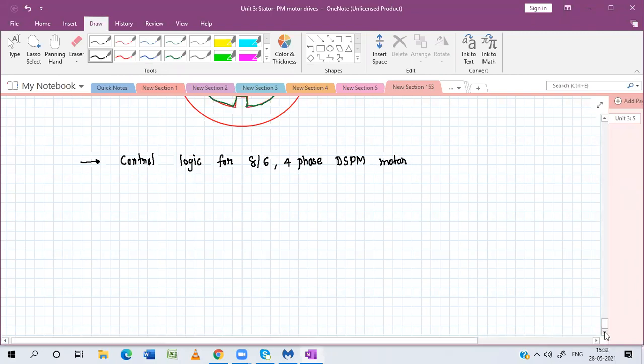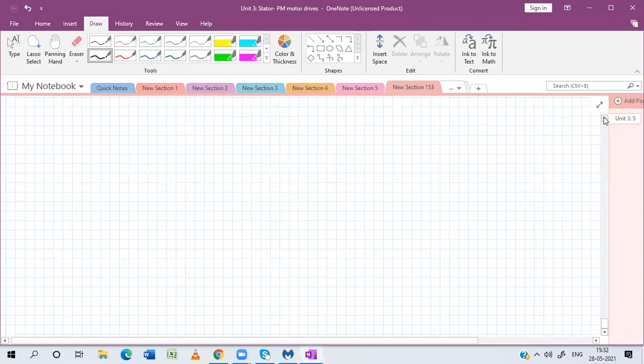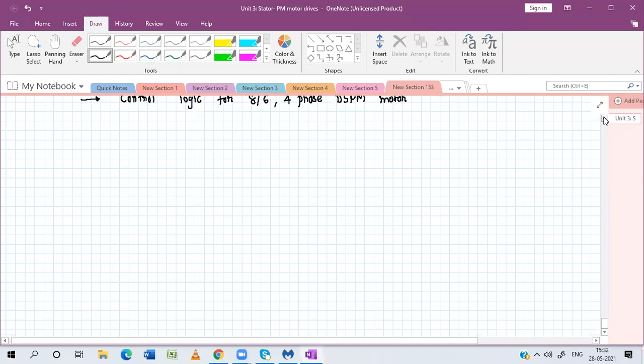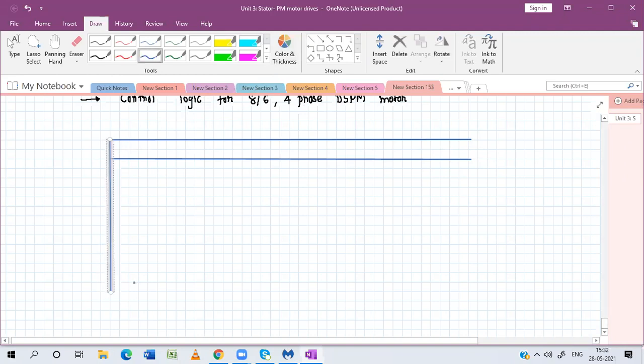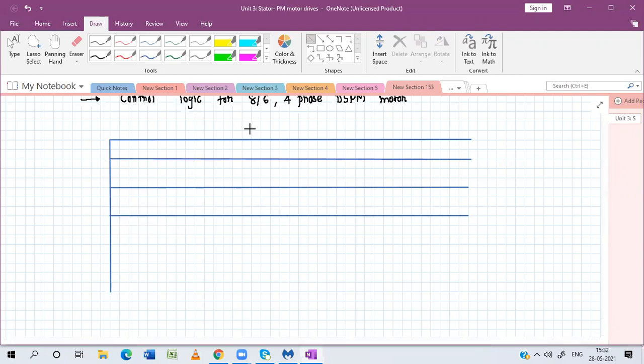Now, we have to create a table. Consider there are the 4 phases.